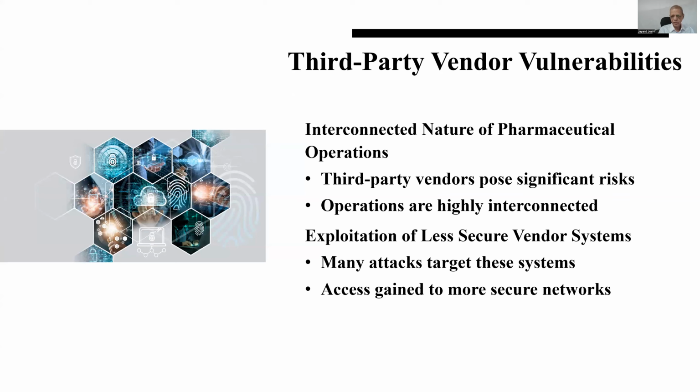So many times they try to target those systems, and this is the challenge. Access is gained to more secure networks from there. In our own systems, we can have effective controls over access to the system. But when we are depending upon a third party, we may or may not have that control.